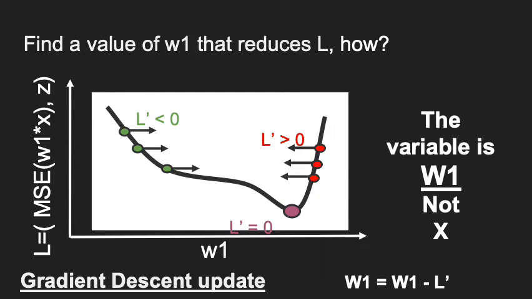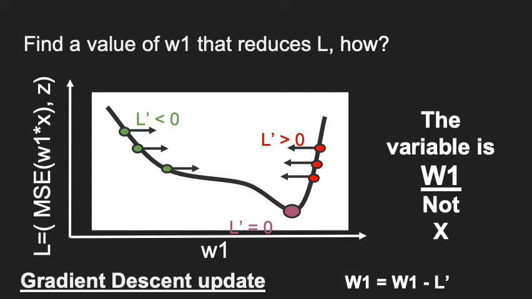And the goal here is to find the place where the derivative is equal to 0, because that place means that you cannot improve w1 more. Basically, you find a local minimum. Locally, you cannot do better than that. So the goal is to find a place where the derivative of the loss with respect to the weight is 0.